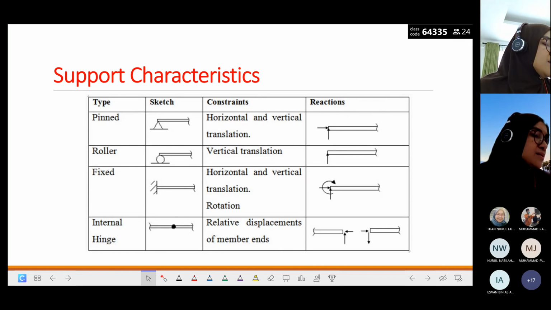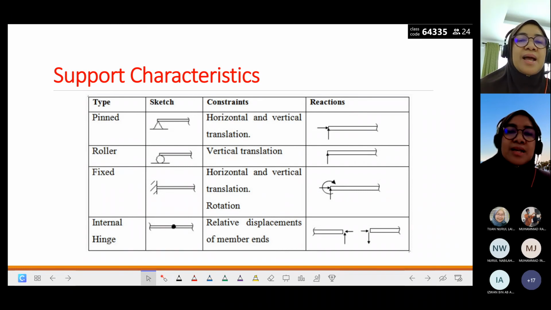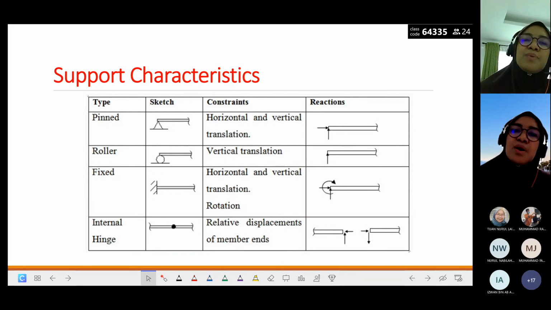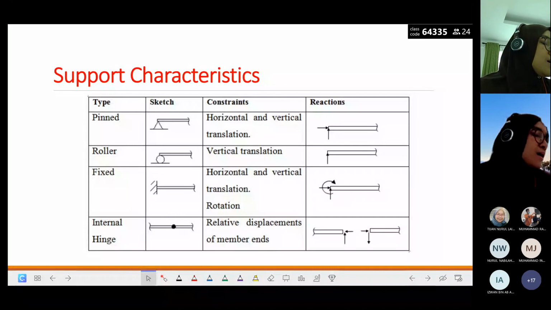For the fixed support, the constraints come from horizontal and vertical, as well as rotation, and we also have the internal hinge. I believe you have already learned all these supports in solid mechanics as well as in the determinate structure course.